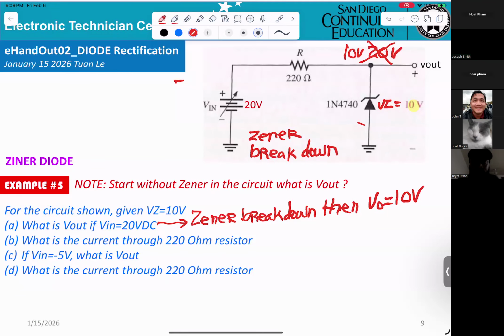So we can call it a regulator, right? Mm-hmm. Okay, thank you. Make sure if you get any question, just let me know. Try to understand. This is very, very basic.